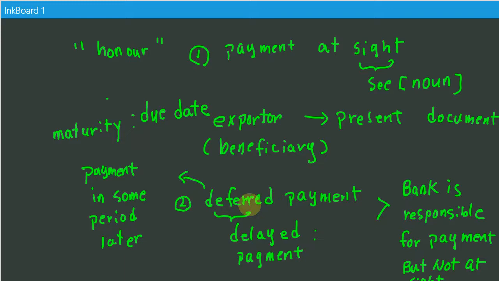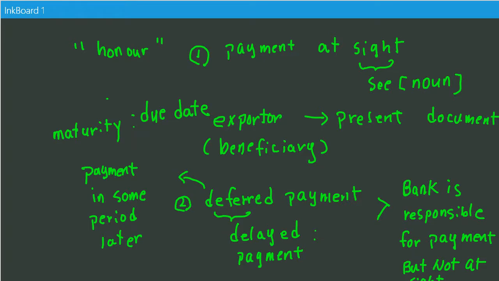It is a sort of deferred payment. Payment after acceptance is also a deferred payment type, but this method is to accept the bill of exchange, in other words the draft drawn by the beneficiary, and pay at maturity, if the credit is available by acceptance. Okay, this is the other way.